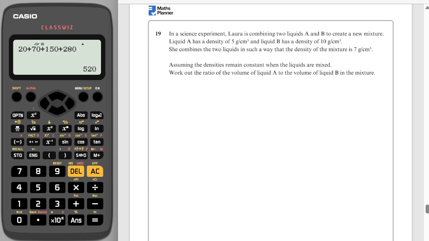Okay, so I'm going to create a very basic table. So liquid A, liquid B, and then we've got the combined liquid C. So I'm going to look at density, mass, and volume. So the density of liquid A is 5, the density of liquid B is 10, and then the combined one is 7.